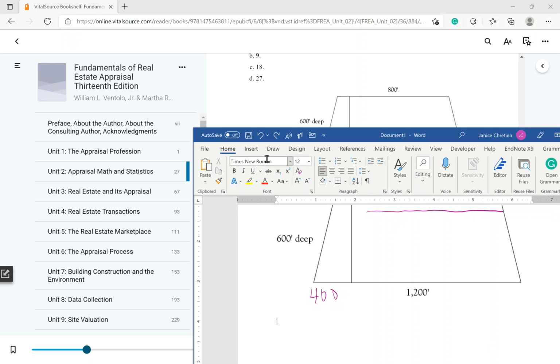Okay, so let me give you some size here. So I'm going to say 1/2 of base times height. So that's 1/2 of the base is 400 and the height is 600.